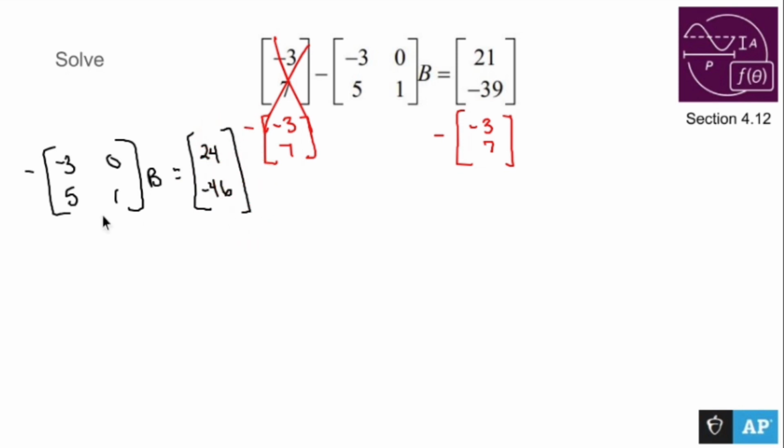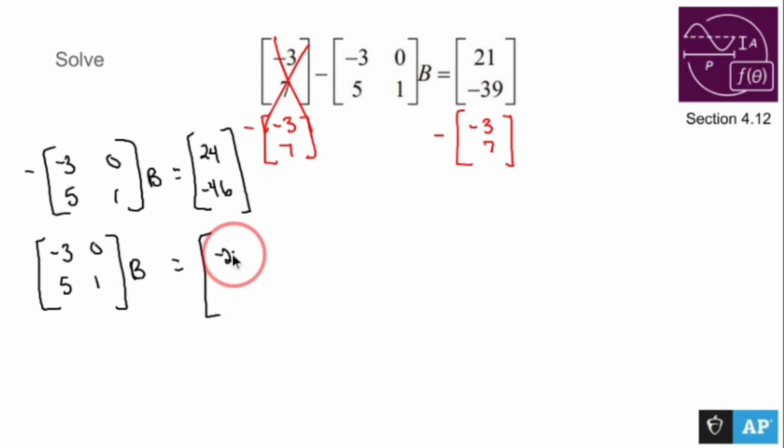All right. Now, before I go any further, that negative is just being a pain in the butt. Let's get rid of it. Let's multiply both sides by a negative, so that essentially gets rid of the negative on the left, leaving me with just the matrix on the left, and times B, of course. Can't forget that, times B. And that's going to equal negative 24, positive 46.